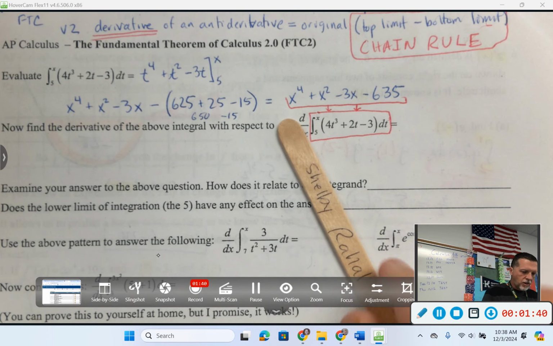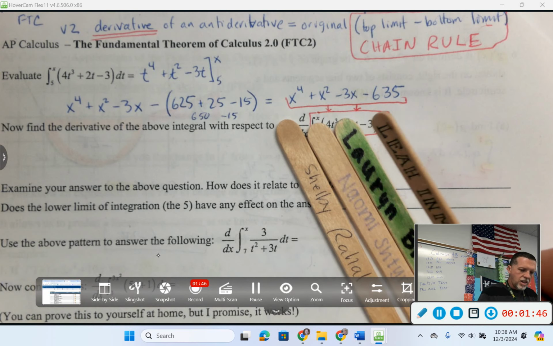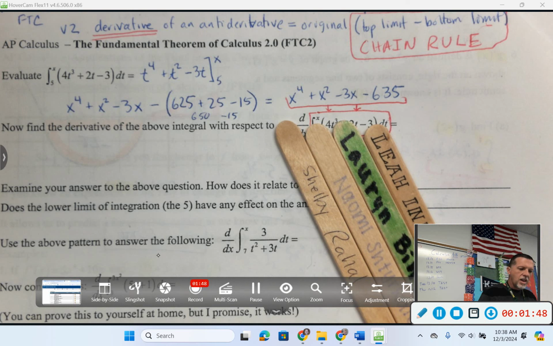So, Shelby, what's the derivative of x to the 4th? That would be the antiderivative of x to the 4th. I want the derivative of x to the 4th. So go the other way. It's the easier one.